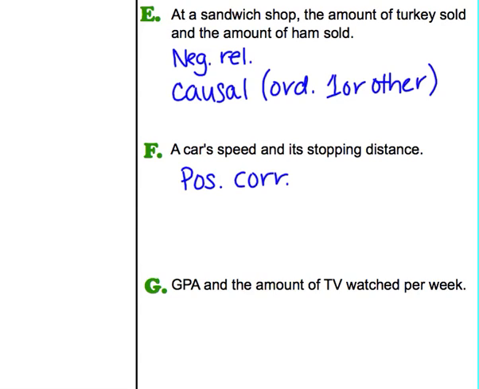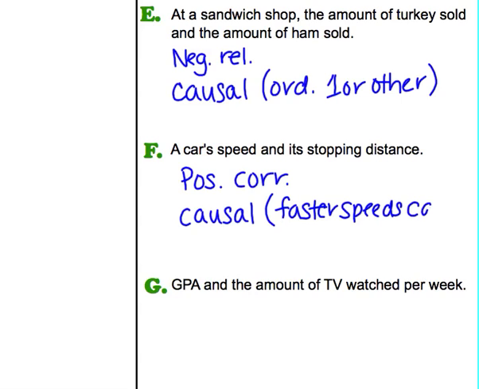And I would also say that this one is also causal. And I'm going to mark down here that faster speeds cause increased stopping distance. Because the faster you go, the more distance you need to stop, which is why you should not tailgate on the highway.